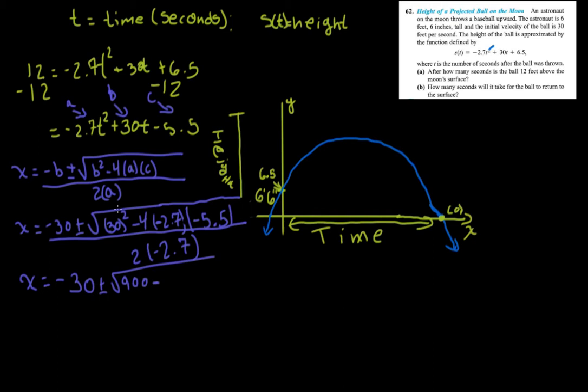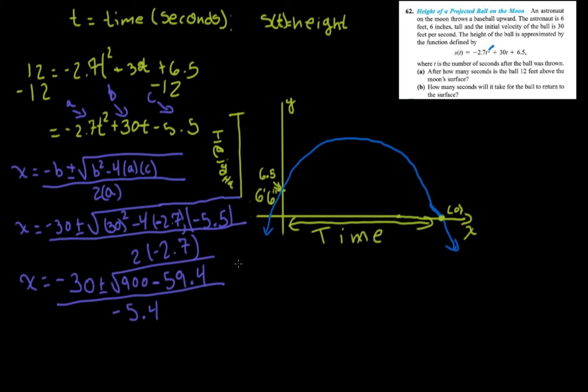So 4 times 2.7 is 10.8, times 5.5 is going to be 59.4. All of that again divided by 2 times negative 2.7, right? So 2 times 2.7 is going to be 5.4, but positive and negative is going to be negative, right? So 5.4.